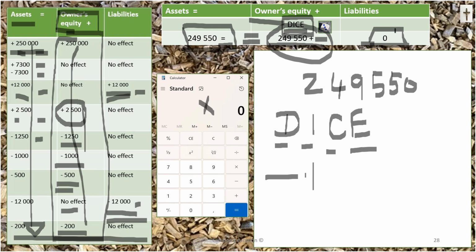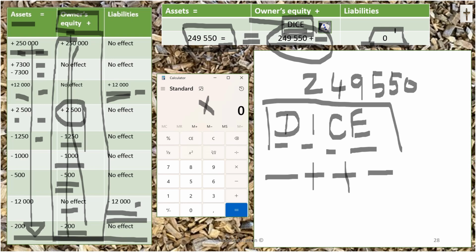Income will increase what the owner is worth. Capital will increase according to the books what the owner is worth. And an expense will decrease what the owner is worth. So there's one way of calculating owner's equity, by adding and subtracting these four components of owner's equity.